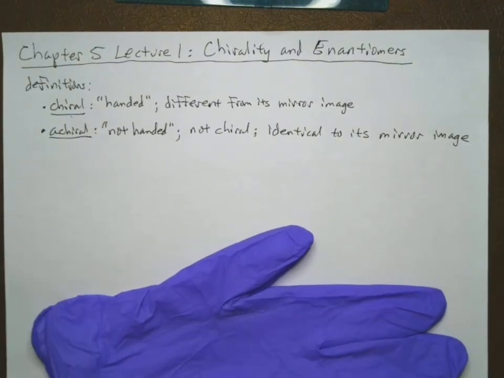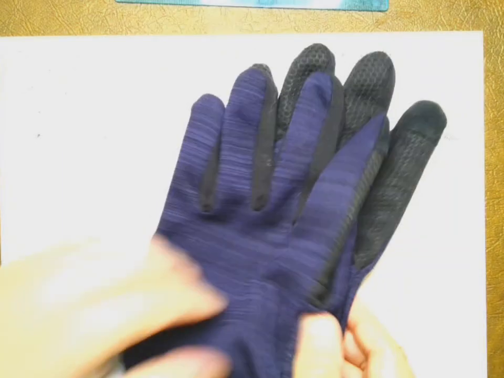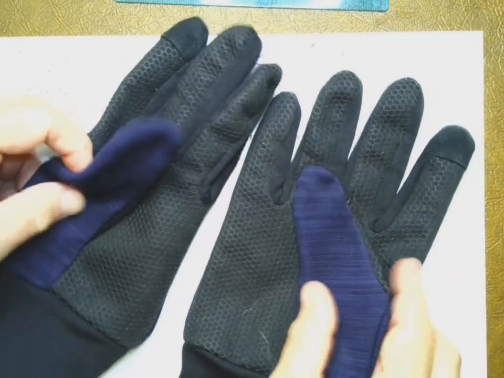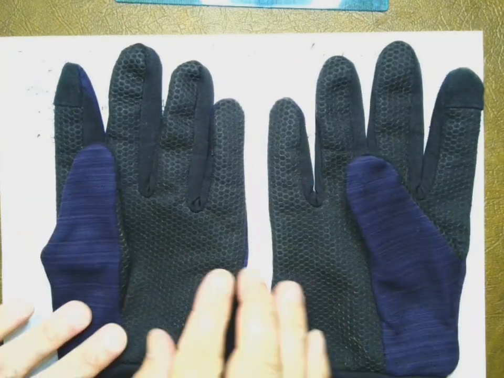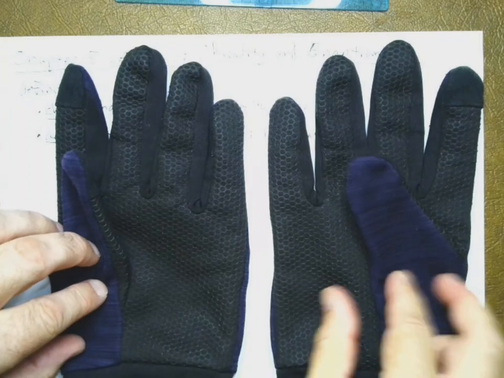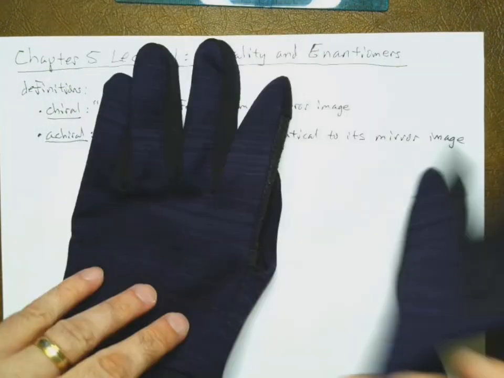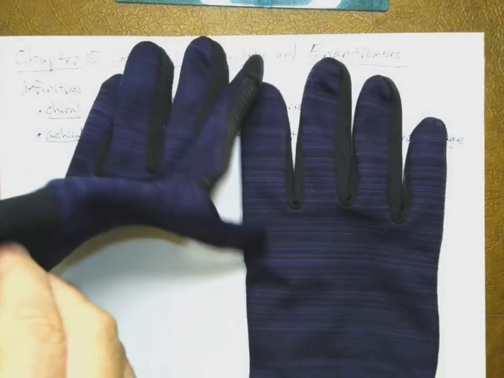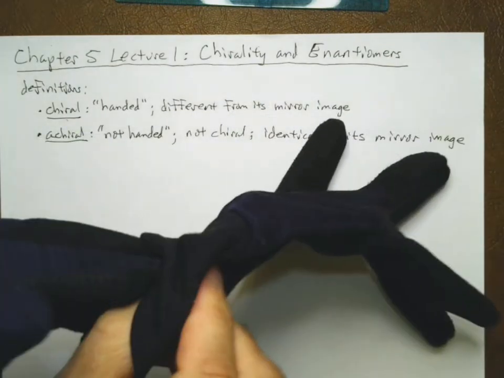Now, my glove example for chiral gloves would be something like these gloves here, and one is a mirror image of the other. You can see that, I've got the left-handed glove with the thumb on that side, the right-handed glove has the thumb on that side, and the backs are different than the fronts. Now if I try to put one glove on over the other, well, I can't really do it for one thing.